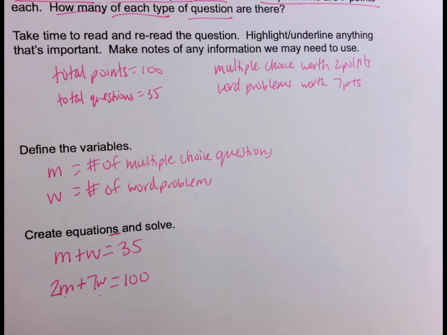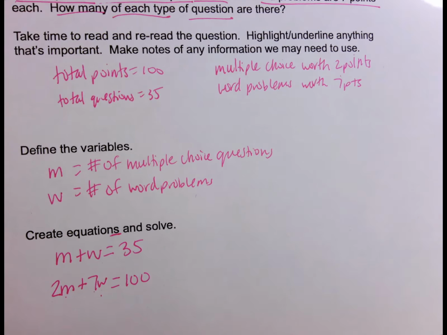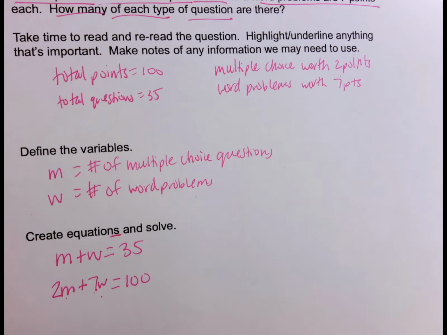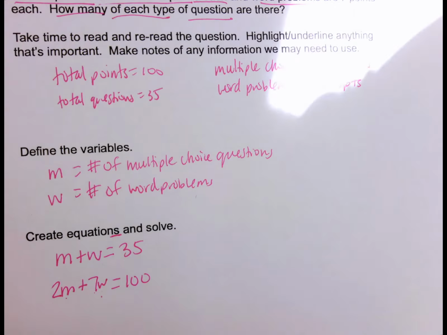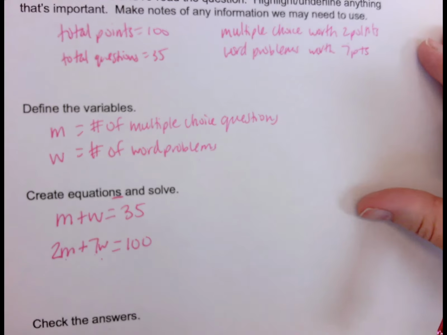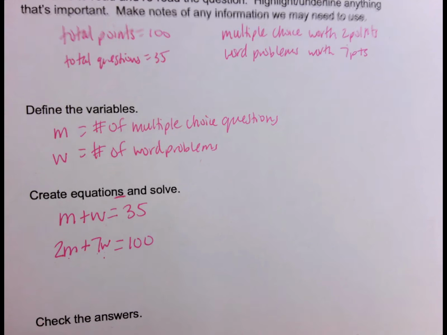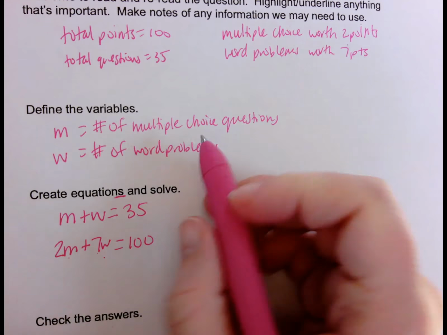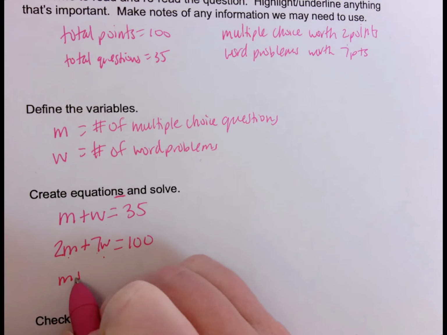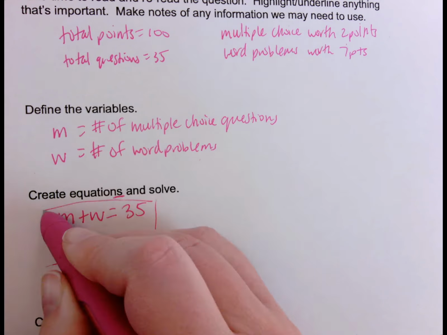Okay, so now this is where we start talking about how to solve this. I don't know enough information to be able to solve by plugging in M or W. I don't know what either of those terms is. And so I'm going to have to do a little bit of rearranging some things. So what I'm going to do is take this first equation, M plus W is equal to 35. These are my two equations I'm going to be working with.